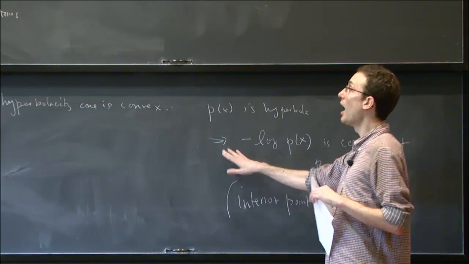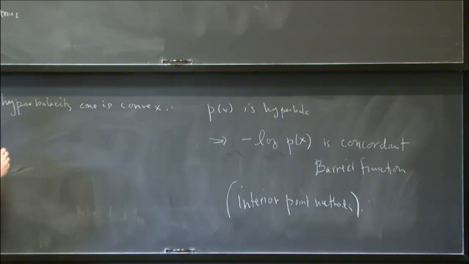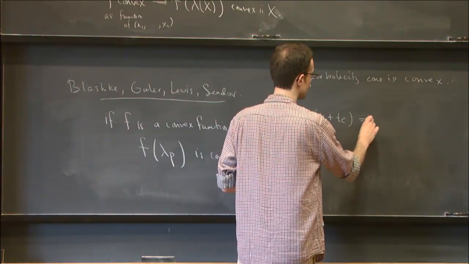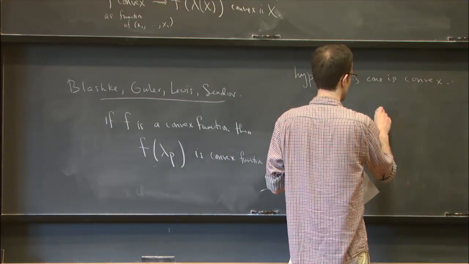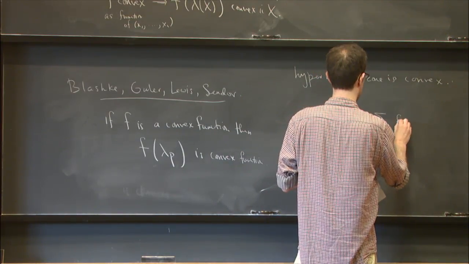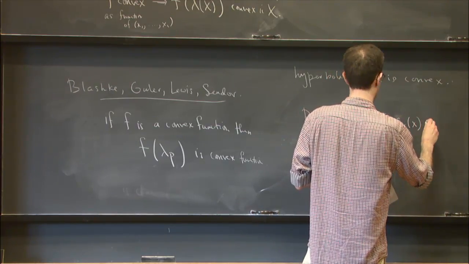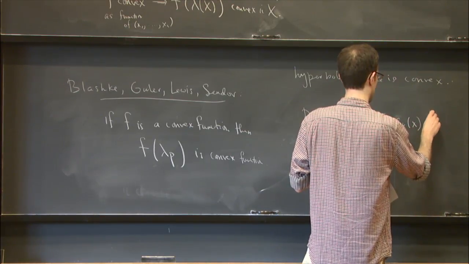Yes. Why? So you can write the hyperbolicity cone as, so you can write P of x plus t e as a polynomial in t. This is the sum over k of a_k of x, t to the k.